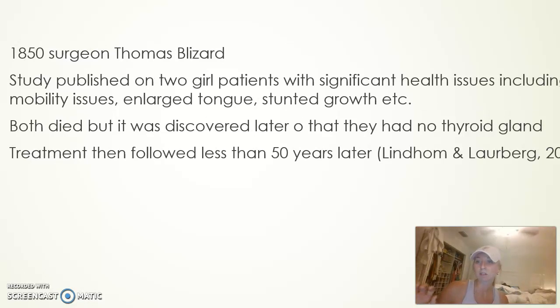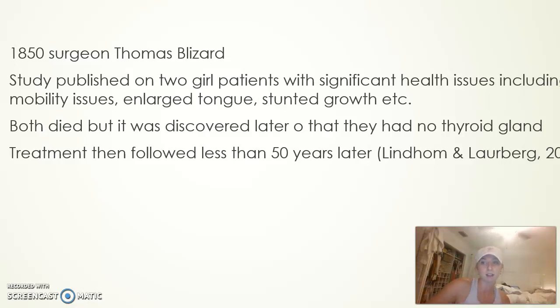All right, so I wanted to include the history of the disorder, even though it wasn't necessary for this presentation, but I just thought it was really cool, because I read an article about a surgeon, Thomas Blizzard, in the 1850s. He had two patients who were girls, and they both had really significant health issues, including mobility problems with their gait and getting around, an enlarged tongue, puffy faces, stunted growth, and weird soft spots on their heads.